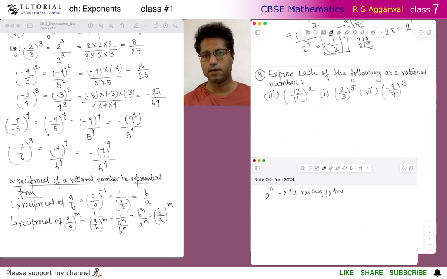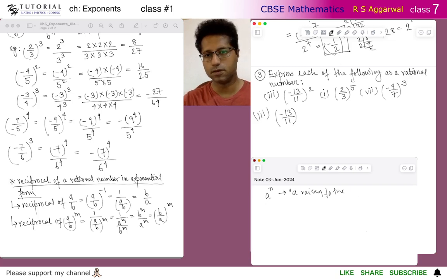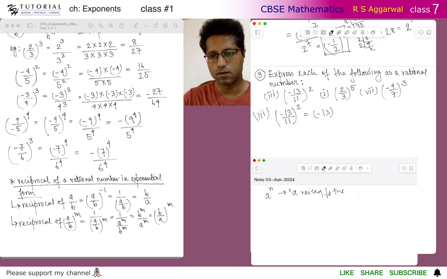Express each of the following as a rational number. All these numbers are in exponential form. So minus 13 by 11 raised to the power 2 is nothing but minus 13 to the power n over 11 to the power n, where n here is 2.